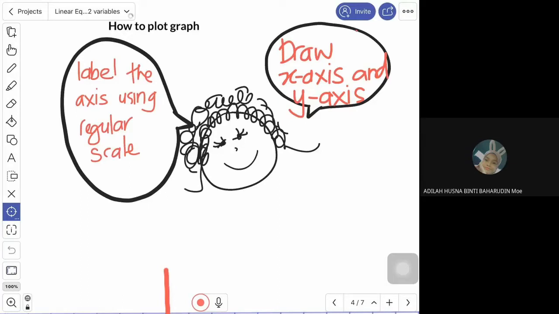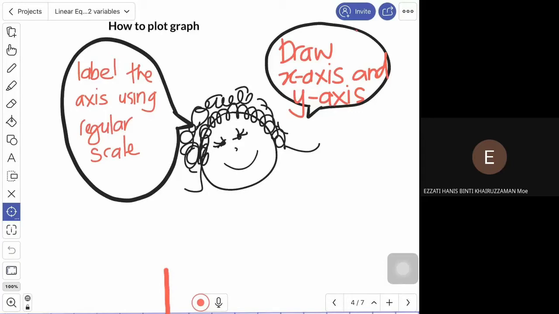How do we draw a graph? You have learned in the previous years about coordinates, right? I'm sure you already know what the axis, x-axis and y-axis are.